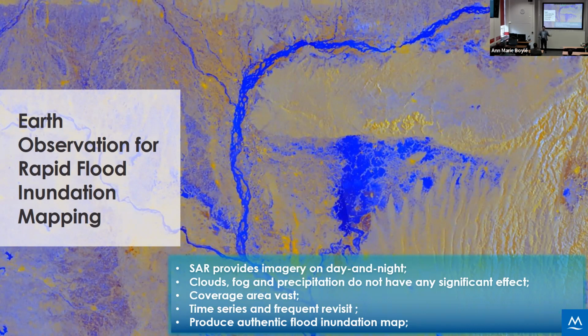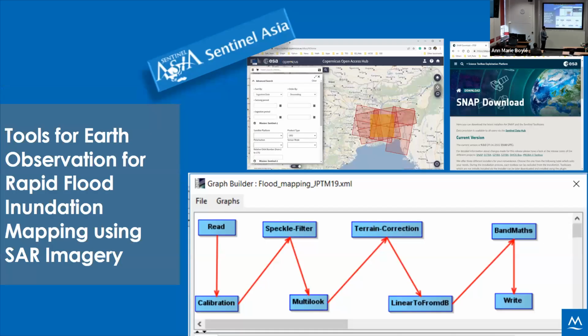Even for many other applications, such as river course changes, it might be useful. Besides that, when a disaster like a flood happens in Asia, Sentinel Asia, which is a consortium led by the Japan Aerospace Agency, along with ADRC Japan, activates the international charter.